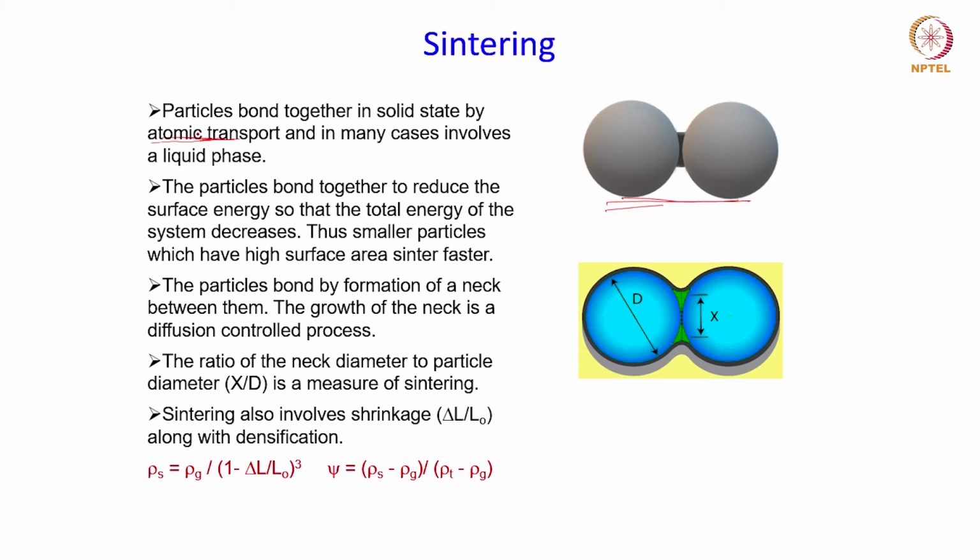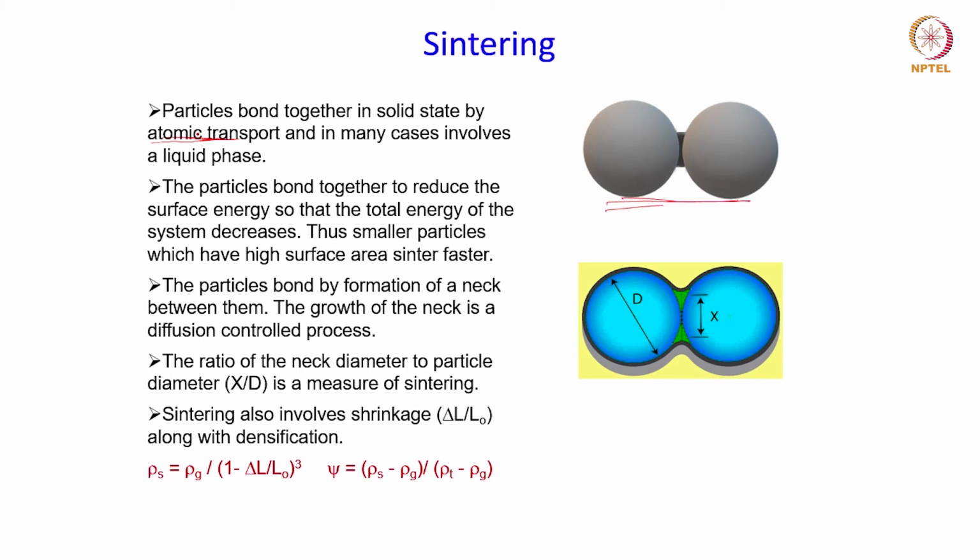So this bonding of particles will reduce the surface energy, as I said before, so that the total energy of the system decreases, and therefore you can also say that smaller particles which have higher specific surface area will sinter faster compared to larger particles, right? Because if the surface area is higher, it will also have a higher driving force for the sintering process.